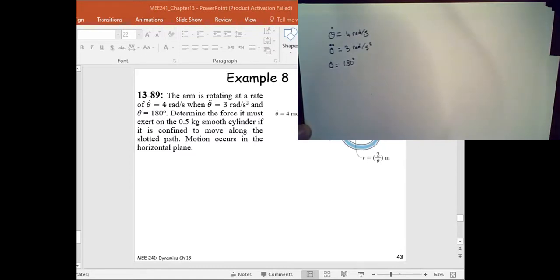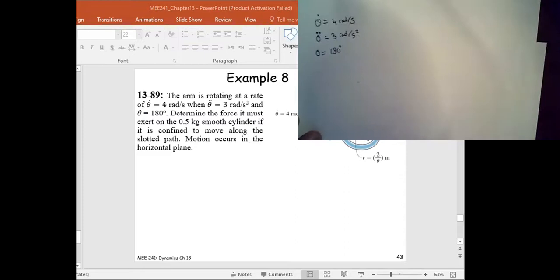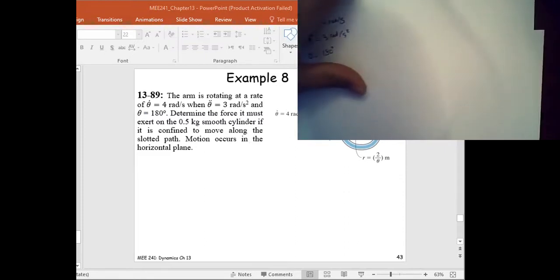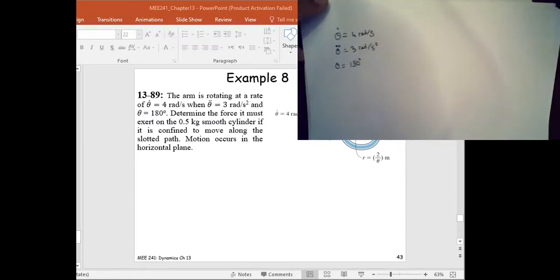We need to find the force that the rod will exert on a smooth cylinder if it's confined to move along this trajectory. Okay, so this is what I have. Just bring that here.